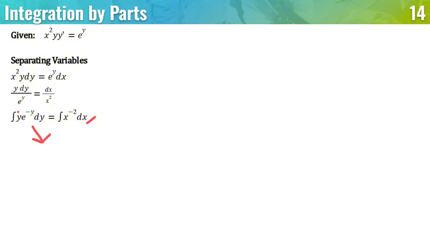So y is algebraic and e raised to negative y is, wait, sorry, it's exponential, I mean. So from Liate, y will be first. It will be our D column. And in our I column, we will have e raised to the negative y.